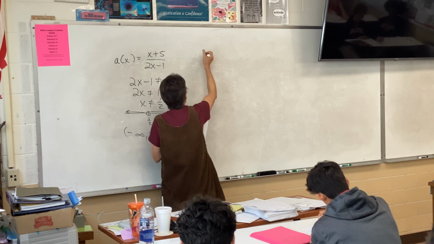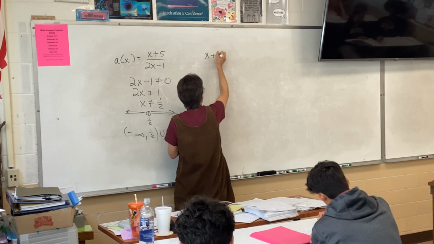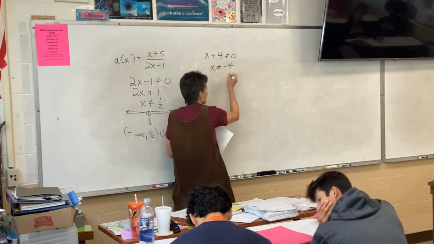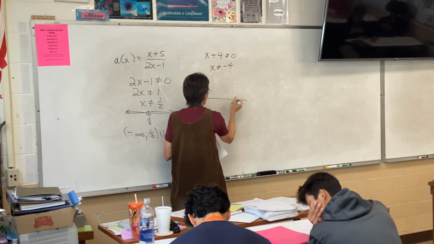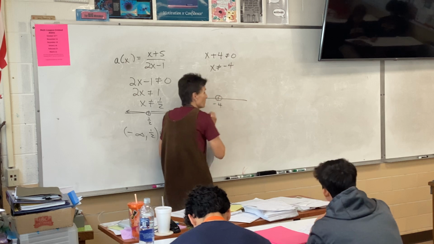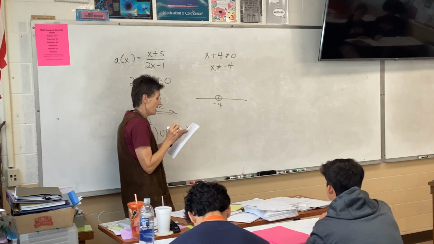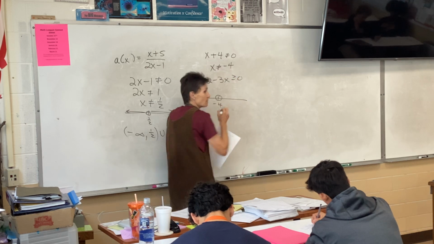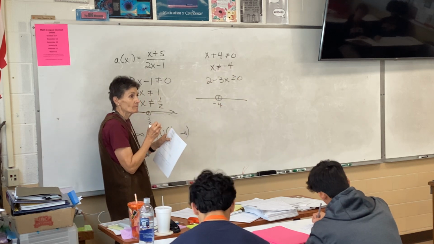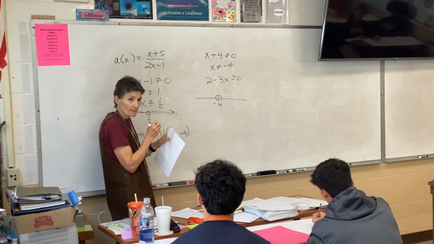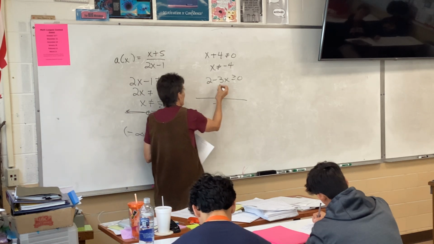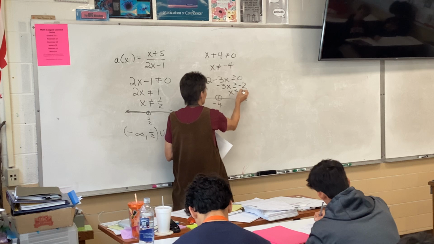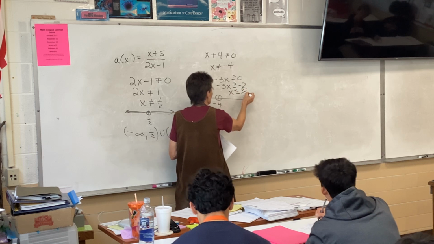So I know x plus 4 cannot be 0, so x can't be -4, so on my number line, -4 is going to have an open dot. And then 2 minus 3x has to be positive, so -3x is greater than or equal to -2, and x is less than or equal to 2/3.